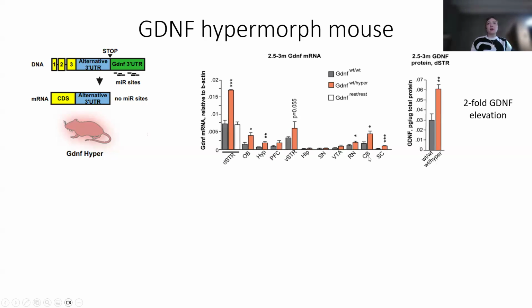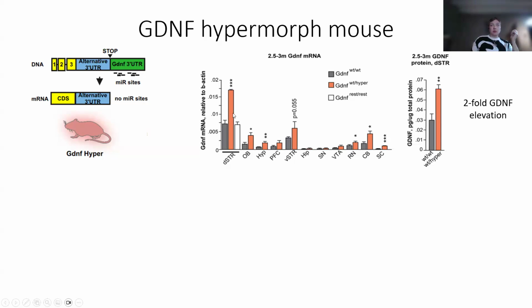This is for the brain. We found somehow a threefold elevation in the dorsal striatum, where it's known to be produced, and in the cerebellum, which is interesting for us, and the spinal cord, and also other regions.